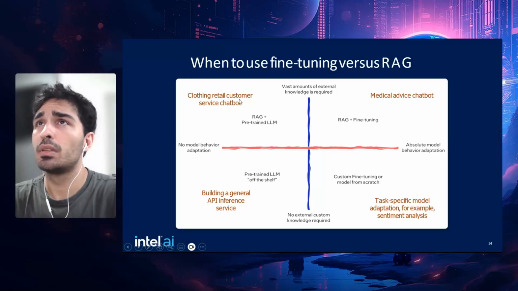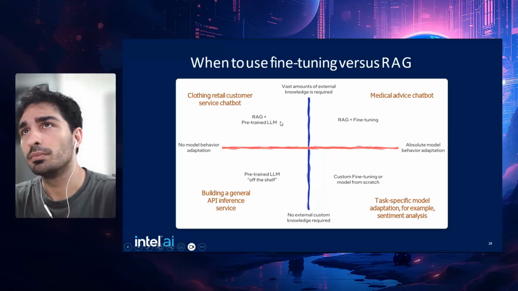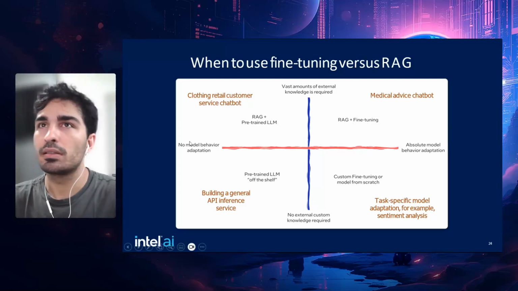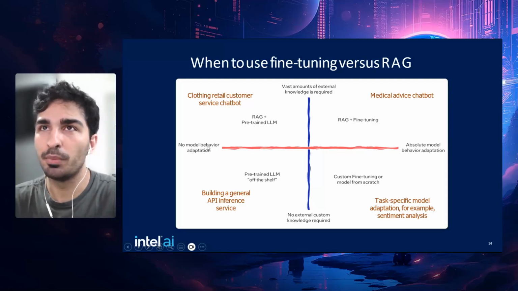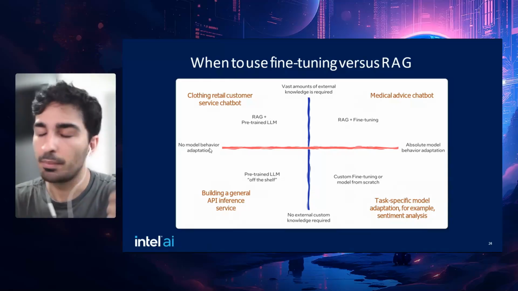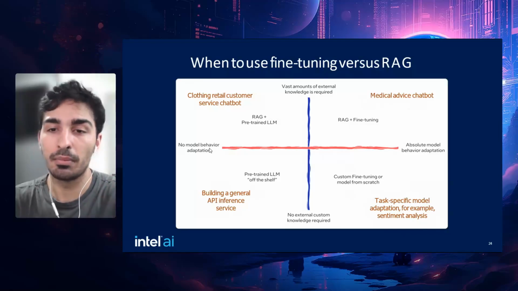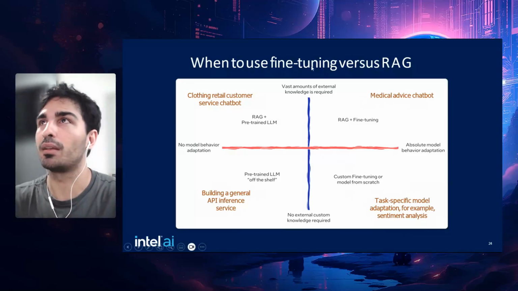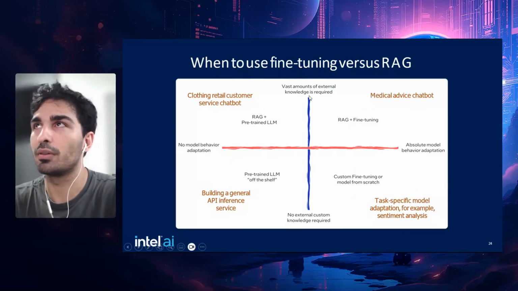In this example, the idea is to use a RAG with a pre-trained LLM, because we don't need any model behavior adaptation, no pre-training, no post-training, and no vast amount of external knowledge.